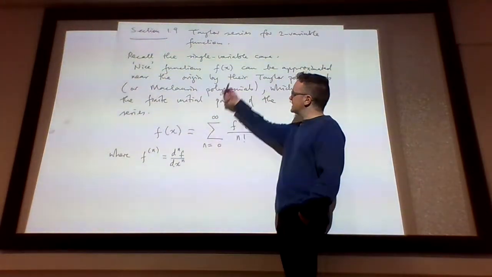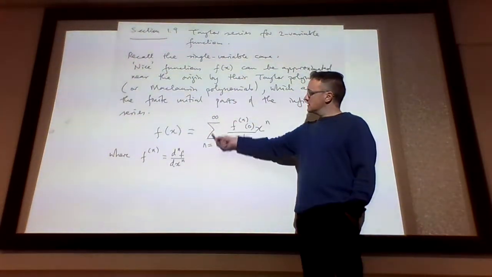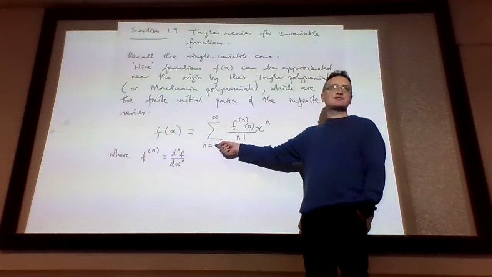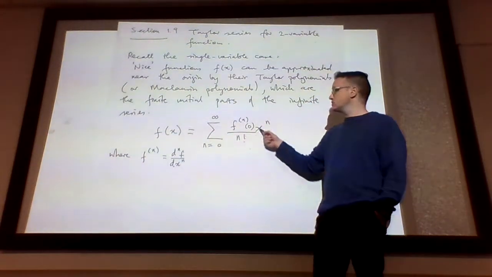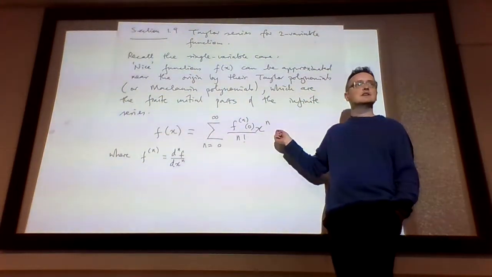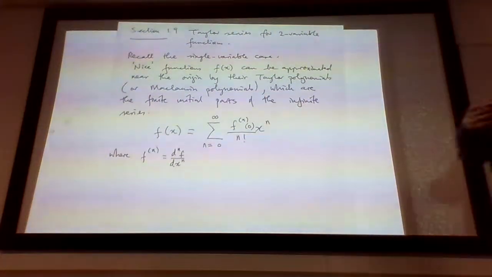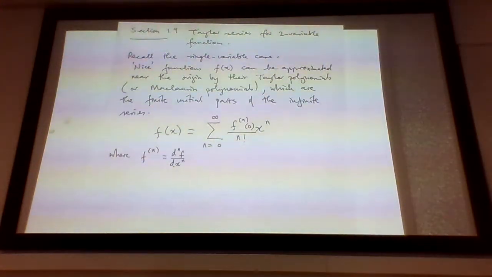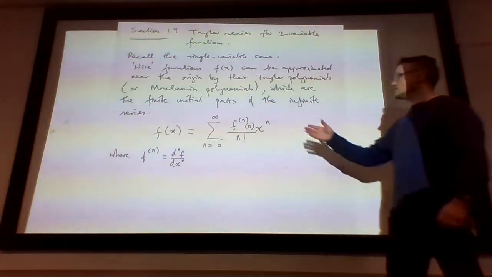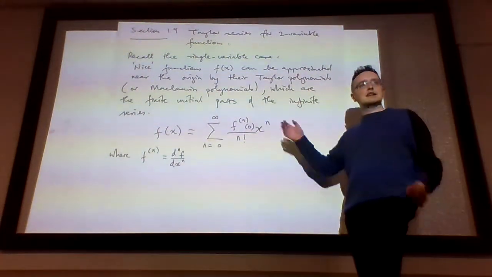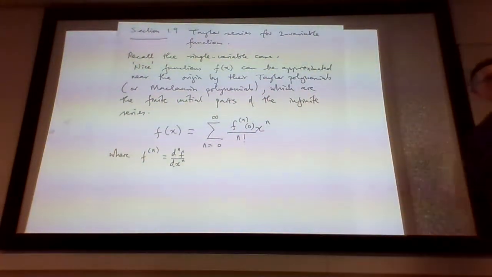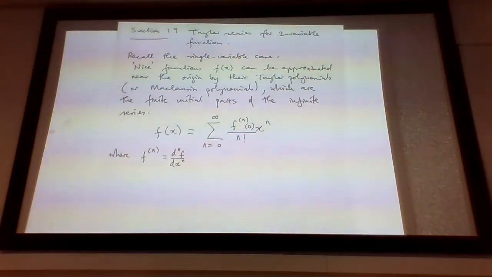But the idea is that if you take the finite partial sums of this, if you just take some initial bunch of terms of this infinite polynomial, then that will give you an approximation to the function. And the more and more terms that you take in, the longer the finite partial sum that you consider, the better the approximation to the function f.